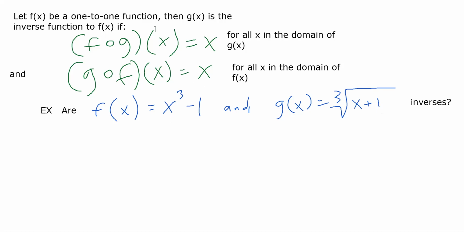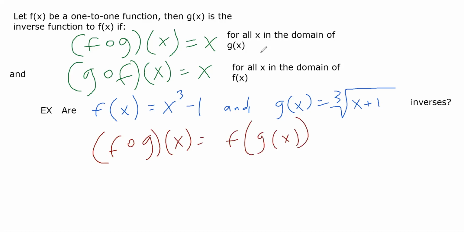So the way we're going to do it, we've got two things to compute. We have to find f of g of x, which remember, is where we plug g of x into f of x. So we need to take this whole business right here, this cube root of x plus 1, and plug it into f of x.